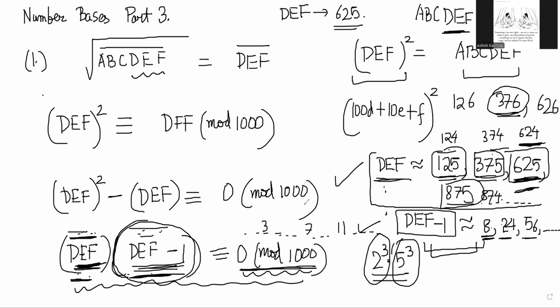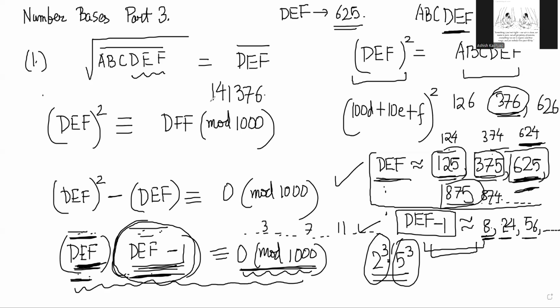So DEF square, 376 square, you should check what it is coming. What is 376 square? It is 141376.